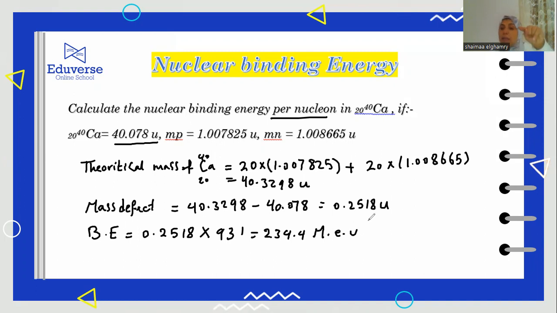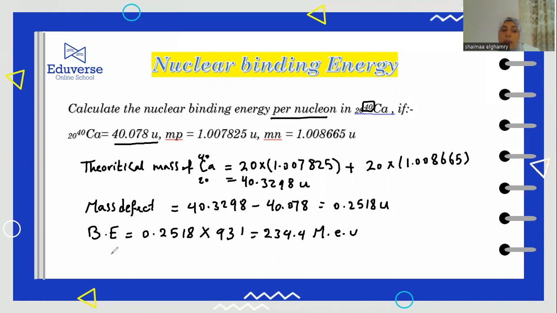Now I'm calculating what? The total binding energy. I calculated the total binding energy, but here in the question, he is asking for what? The nuclear binding energy per nucleon. How many nucleon do I have? I have 40 nucleon inside the nucleus.